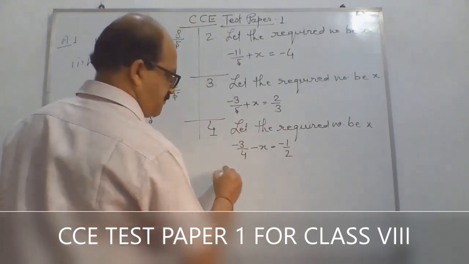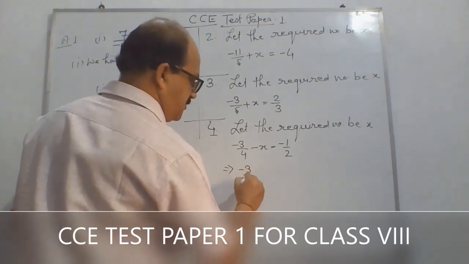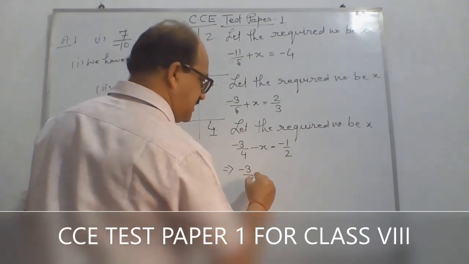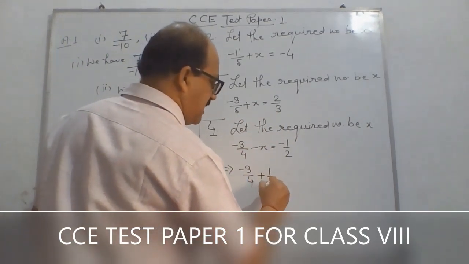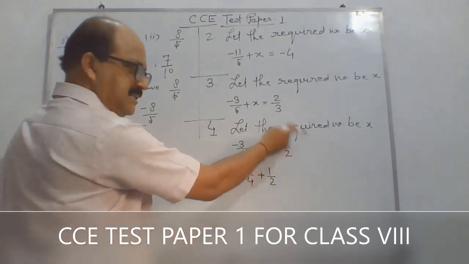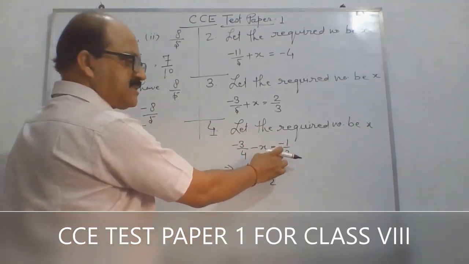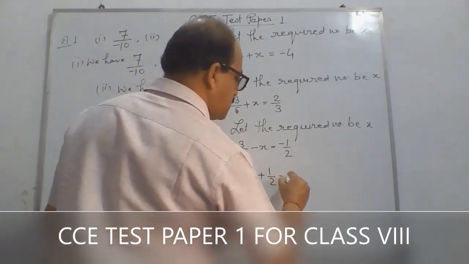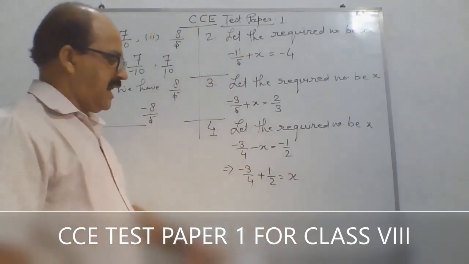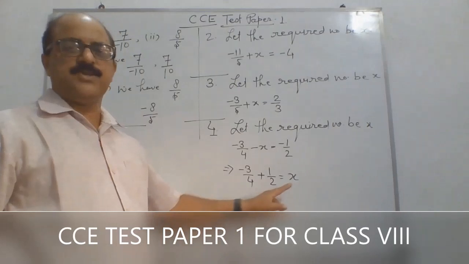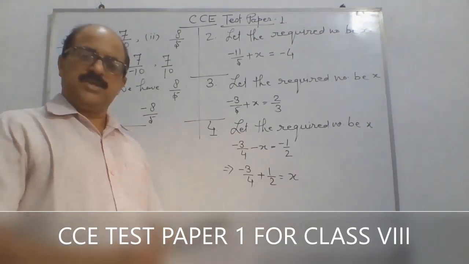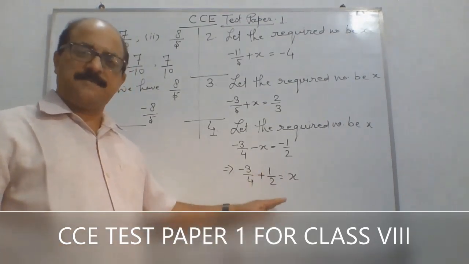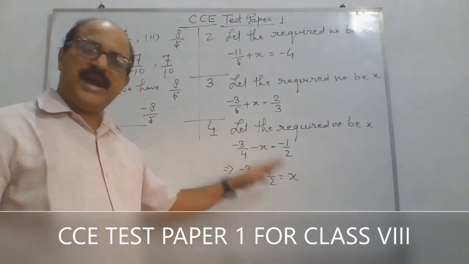Here you will see minus 3 by 4 will remain in the same place, and minus 1 by 2 will be transposed here. Whenever a negative rational number is transposed, it will become positive, and minus x will transpose there, so it becomes plus x. After that you simplify it, and you will get the value of x. These are the solutions of all 4 questions, and from here I hope you are capable of solving it and finding the value of x.